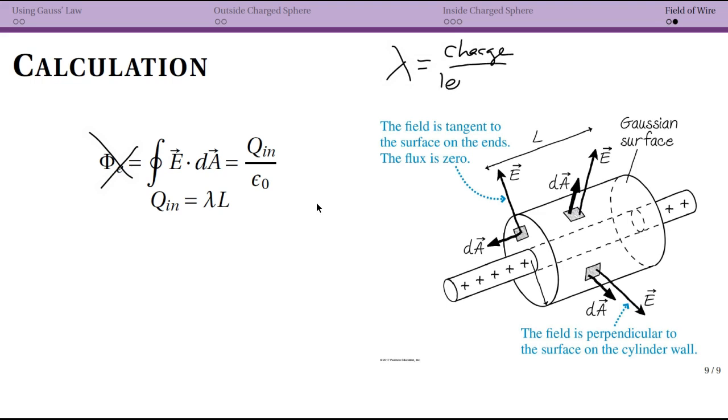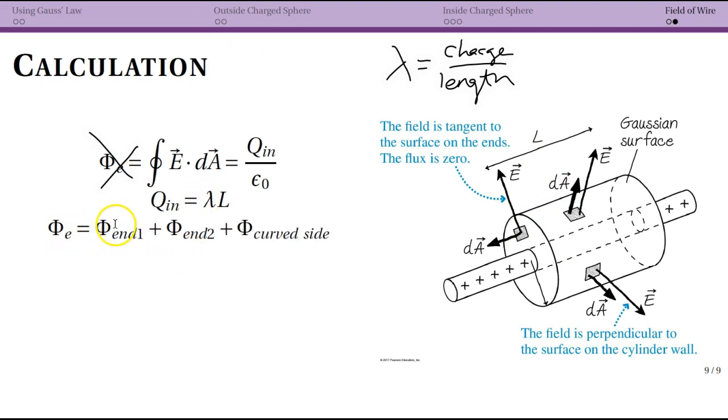Now, it's an infinite wire, so you assume it's infinite charge, but there's still a certain amount of charge per length. And so again, the total amount of charge that happens to be enclosed in our cylinder depends on the length of the cylinder. And because that shouldn't impact what the electric field strength looks like, we hope that that will cancel somewhere.